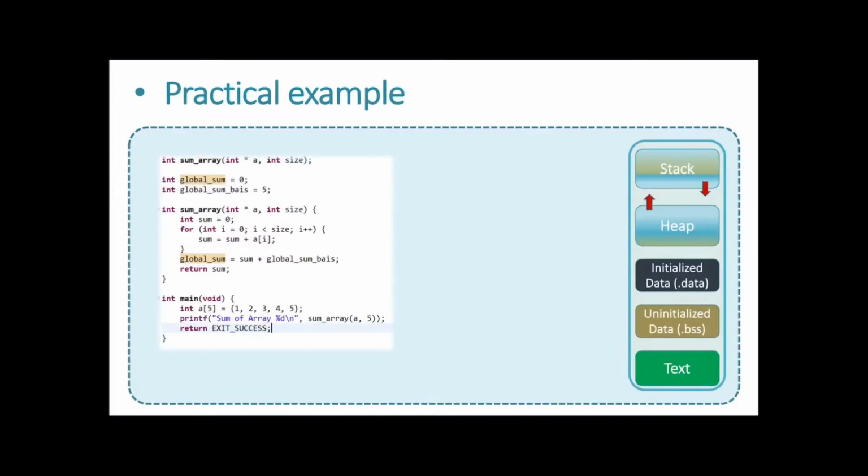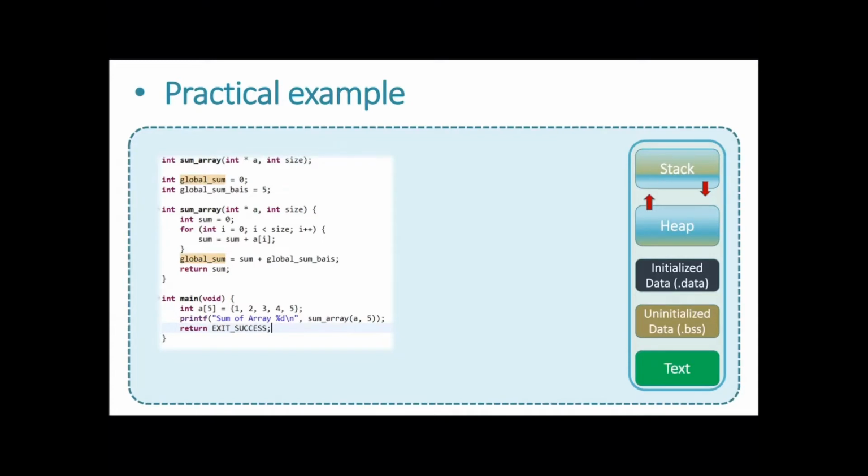Here you can see on the right hand side we have our code placement, and on the left hand side we have this practical example, and you will see a similar example later in the Eclipse workspace. Here we have a main function, and another function, sum array, which sums up the array; it gets a pointer as a parameter and the size too, and accordingly it calculates the sum.